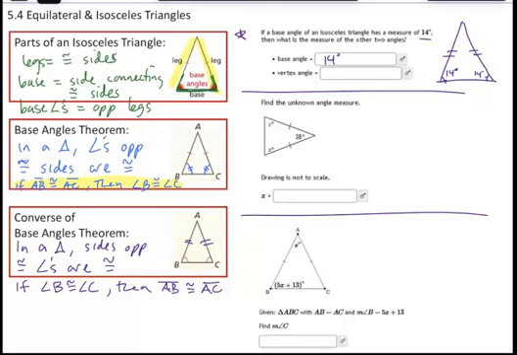To find the vertex angle, this remaining angle up here, you would use triangle sum. It's just a calculation. The total sum, 180, is equal to this angle right here plus the two given angles, so this angle is 180 minus the two given angles. If you calculate 180 minus 14 minus another 14, you get your answer of 152.